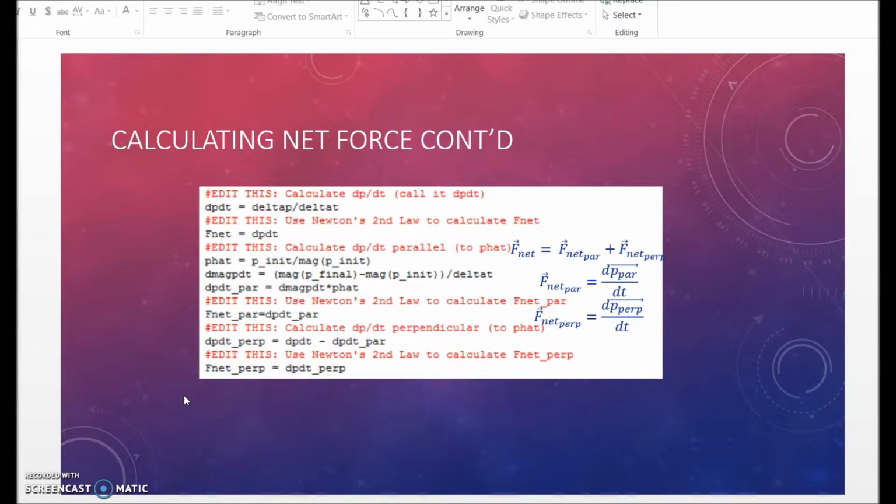So we know that F net parallel plus F net perpendicular gives you F net. So we can switch the equation around to get F net perpendicular, which would equal F net minus F net parallel. We basically did that over here, but with dp over dt, which is equivalent to F net, and in this case dp over dt perpendicular is equivalent to F net perpendicular, as shown here.